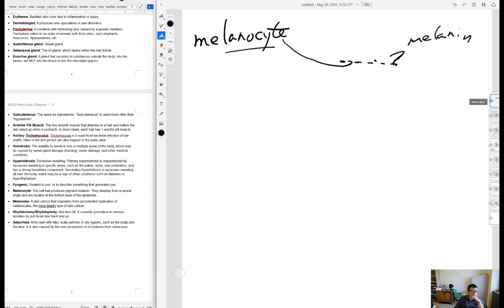Melanin is the pigment in the skin. It produces melanin, but it does not store melanin. It has multiple arms, and gives the melanin to the keratinocytes, which give the color.